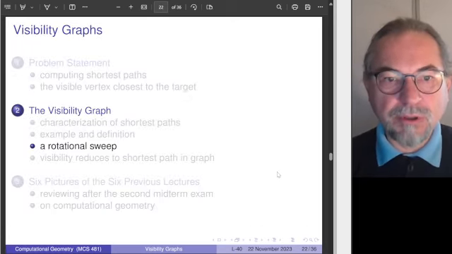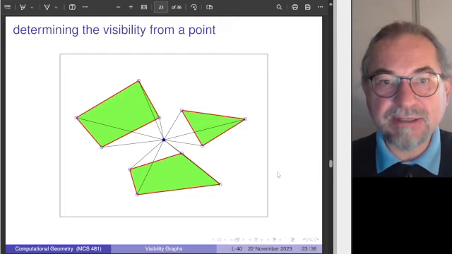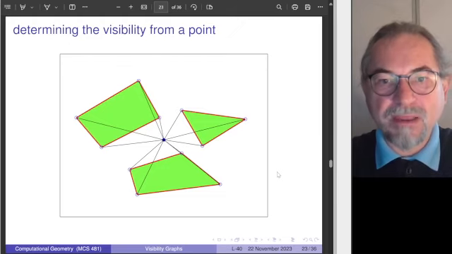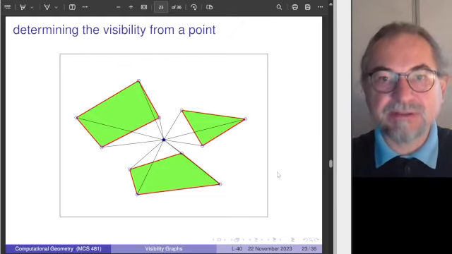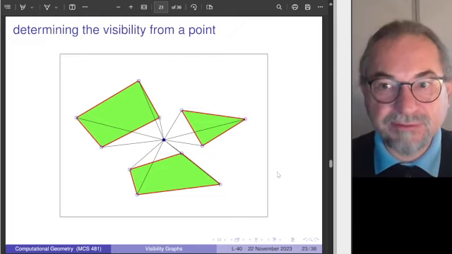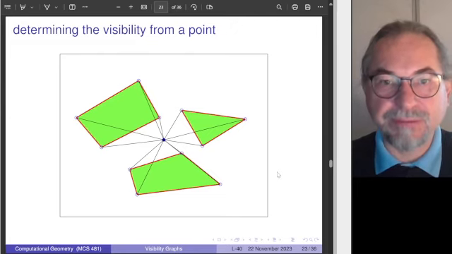One key problem in constructing the visibility graph is something that we have not touched. How do you actually have an algorithm to systematically compute the visibility from a point?